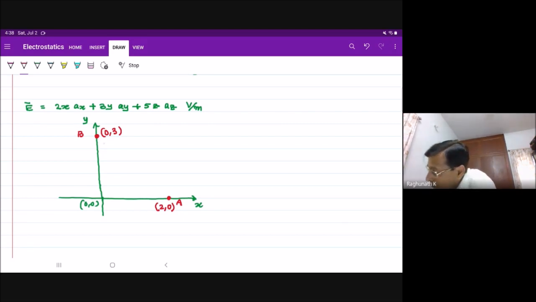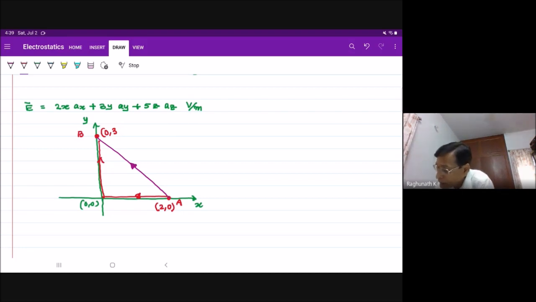I can define one path as this, A to B. Carefully look at it. Or it can be this path also: come to the origin, go to this. Path 2. I can define many such curves.